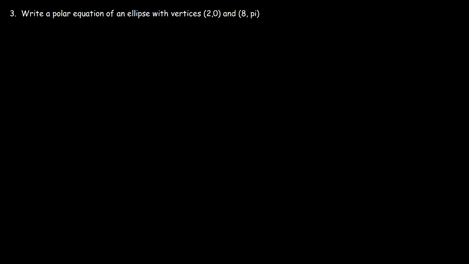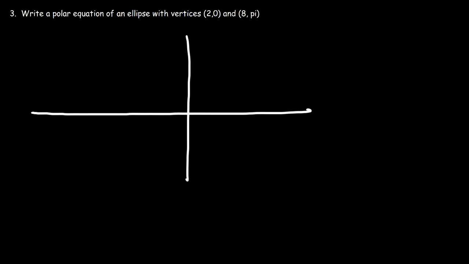Write a polar equation of an ellipse with vertices 2, 0 and 8, pi. Go ahead and try this problem. So let's begin with a sketch. And so these coordinates are polar coordinates in the form r, theta. So this is when theta is 0 degrees, and the negative x-axis corresponds to pi.